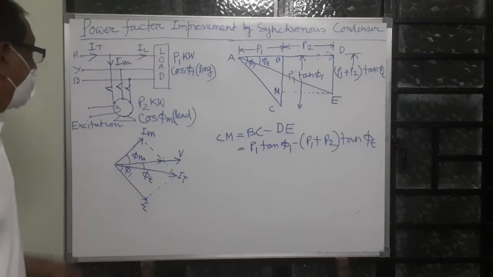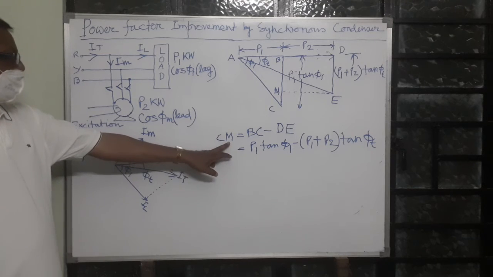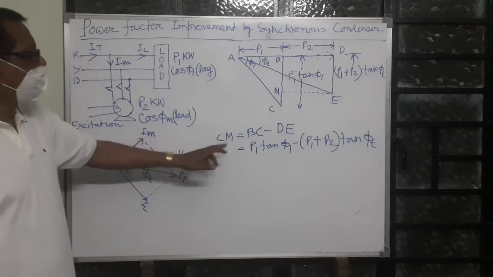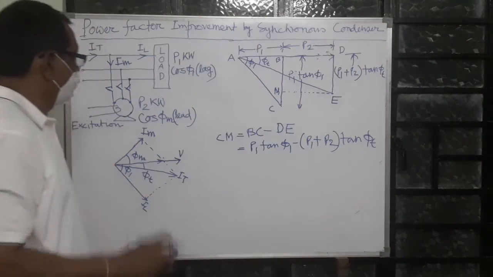So the kVAR rating of the synchronous machine is calculated by CM.